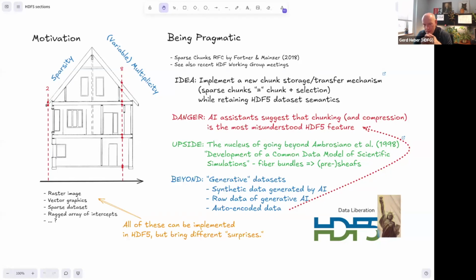We've definitely seen that, and so I think there might be room, or it would be for sure an interesting research topic to look into storage layouts based on autoencoders.